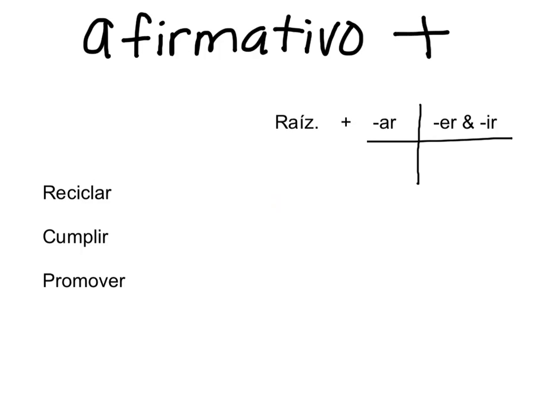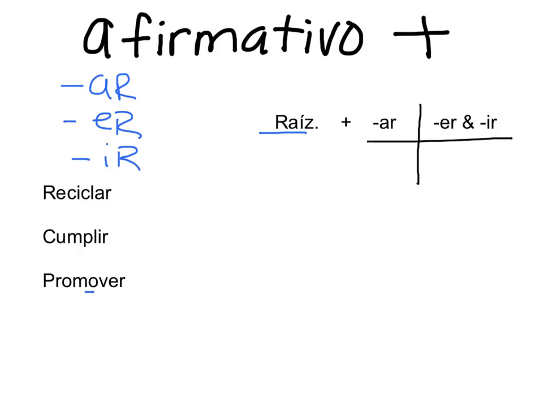We first need to start off with the raíz. Now the raíz is going to be the infinitive minus the AR or minus the ER or minus the IR. So if you look at the three words below, our infinitive for reciclar would be recicle, for cumplir would be cumple, and for promover, this one's a little crazy. For this one, it's a stem changer, so we're actually going to stem change it.